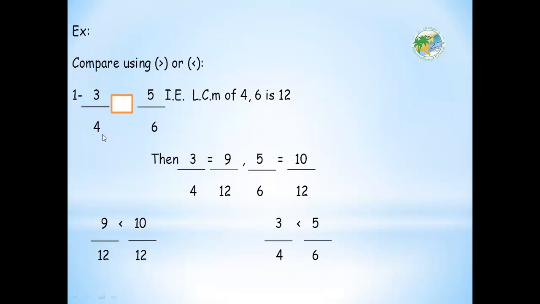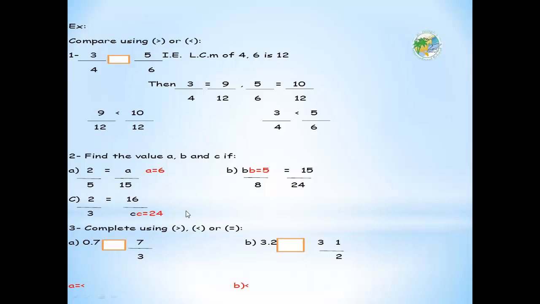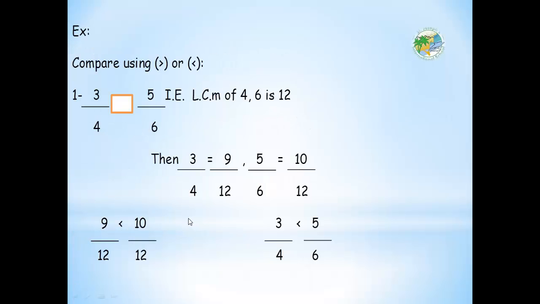So 4 times what? 4 times 3 equals 12. Multiply 4 times 3, and 3 times 3 in the numerator. So here times 3 and here also times 3. 3 times 3 equals 9 and 4 times 3 equals 12.